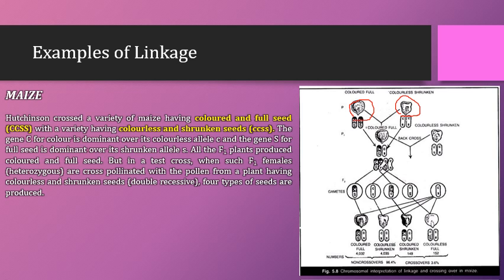All the F1 plants produced colored and full seed, but in a test cross, when such heterozygous F1 females are cross-pollinated with pollen from a plant having colorless and shrunken seeds, that is double recessive, then 4 types of seeds are produced. This diagram shows the 4 types of seeds.